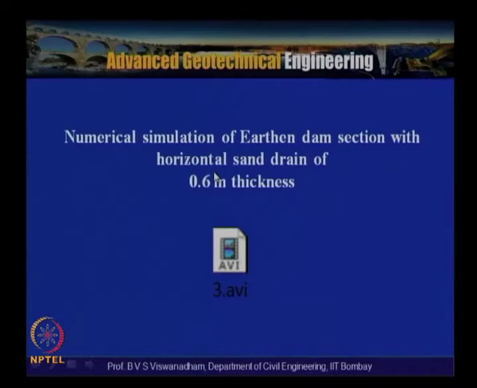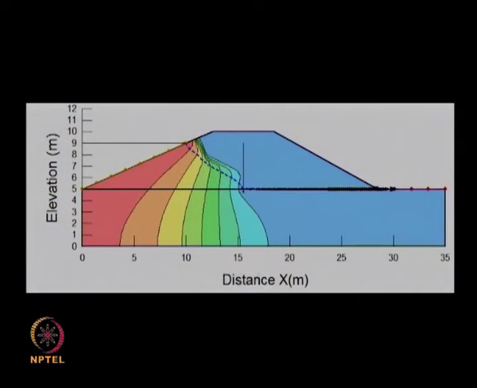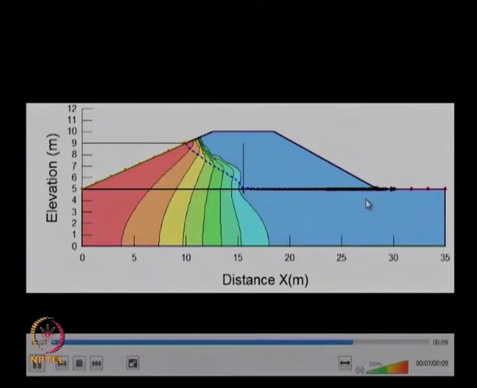So we will see again the simulation of this using the SEEP/W program, but this is with a 0.6 meter drainage. You can see that this drainage layer is indicated here.